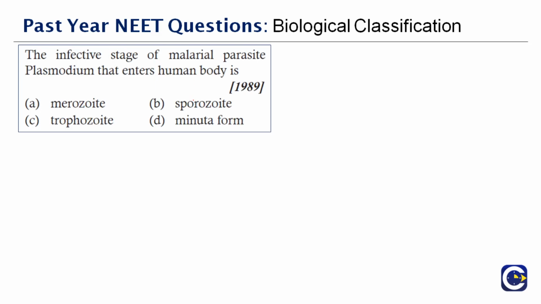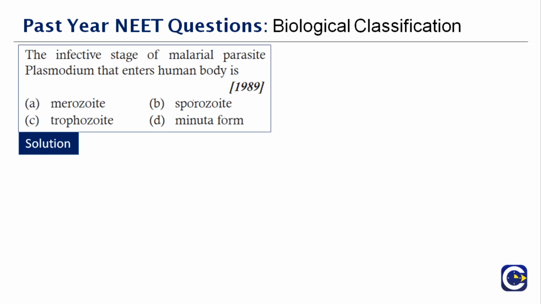Next question: the infective stage of the malarial parasite Plasmodium that enters the human body is dash. This is again an easy question. In this part, we have been continuously revolving around two things: trypanosomiasis and Plasmodium, the malarial disease and the sleeping sickness disease.